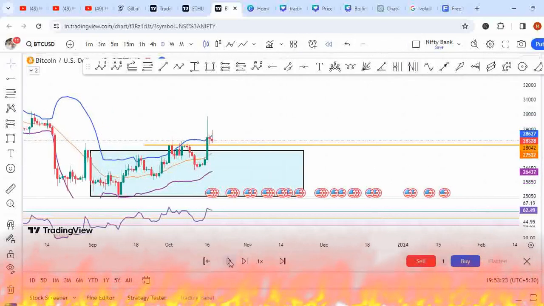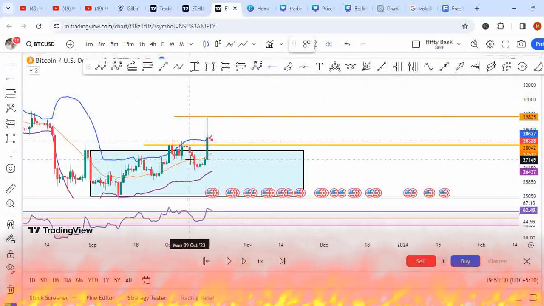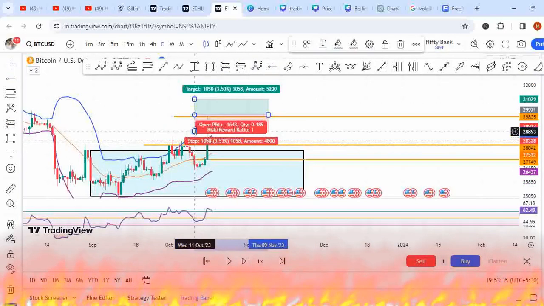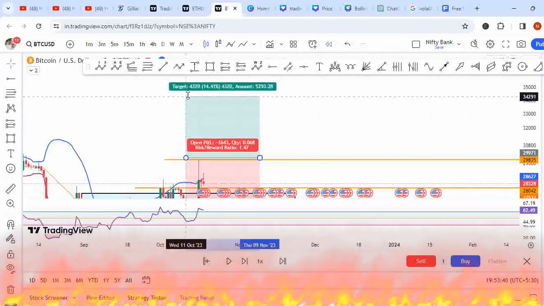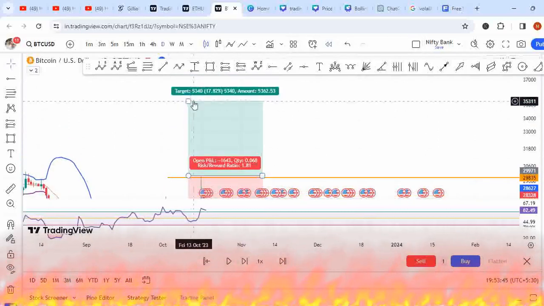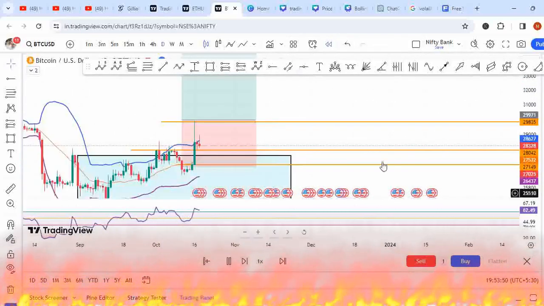Again you see, here again it has started. Mark this high as your swing high. Keep this as your stop loss. Keep risk to reward ratio as 1:2. Okay, here it goes.